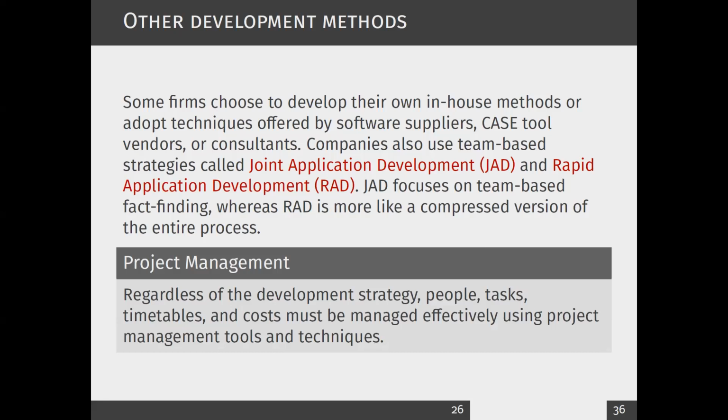But one thing is very important, irrespective of what development strategy you are using, whether it is object oriented, or Scrum or Kanban, right? We have to efficiently manage our resources.